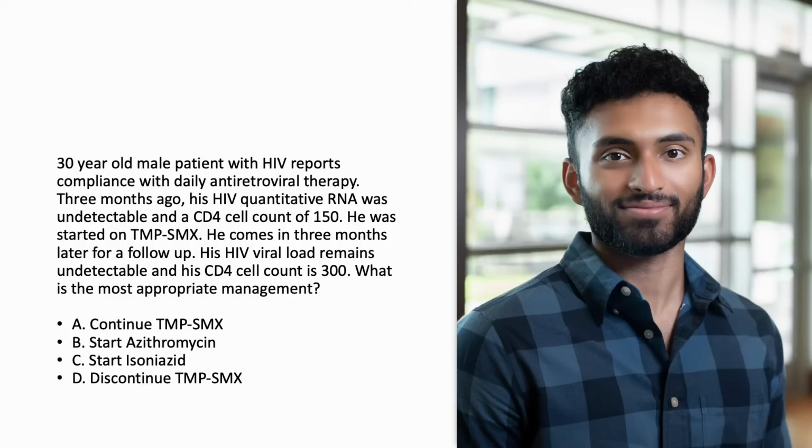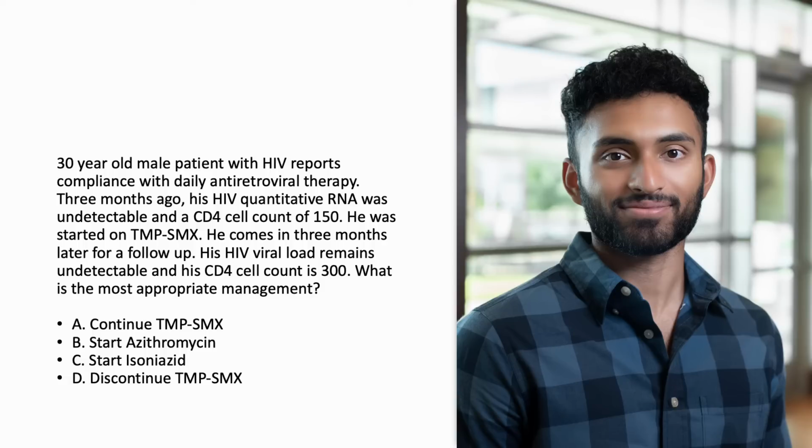Now let's talk about a case. This is a 30-year-old male with HIV who reports compliance with daily antiretroviral therapy. Three months ago, his HIV quantitative RNA was undetectable and his CD4 cell count was 150. Because the CD4 cell count was less than 200, he was started on Bactrim.